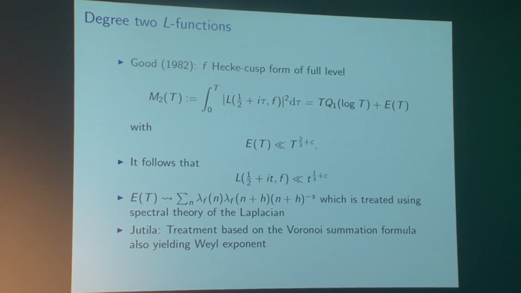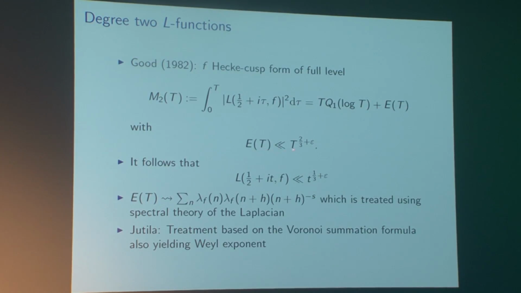Okay, and this can be generalized, as I said. If you look at a degree 2 L-function, then again you can compute the moment. So f is, say, a modular form over here of level 1. Anton Good showed that it's asymptotically T times a linear polynomial in log T plus an error term E(T).